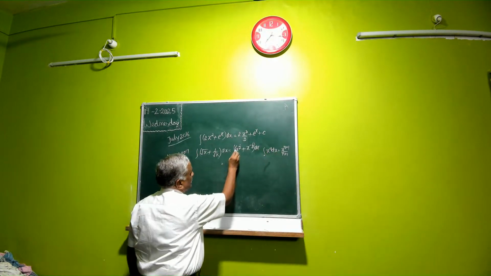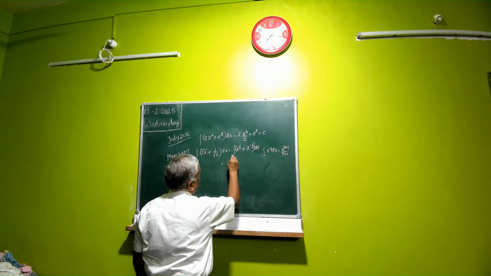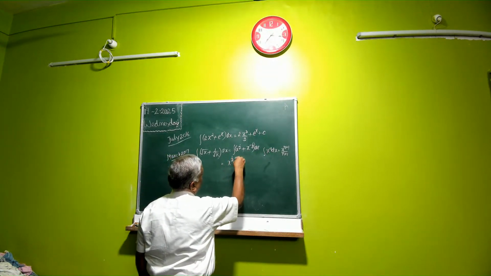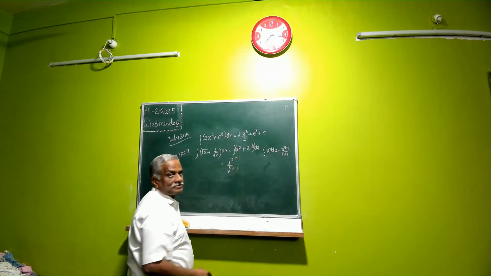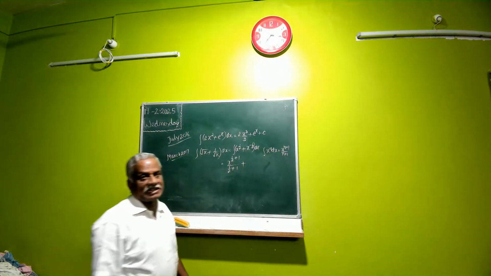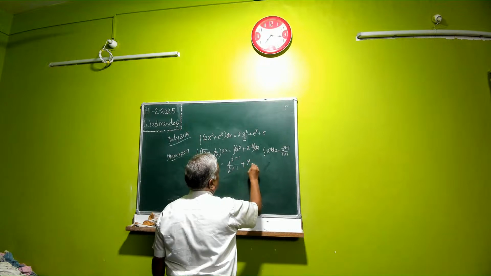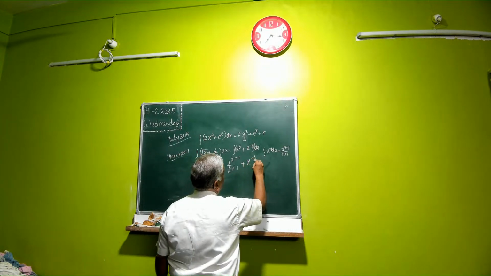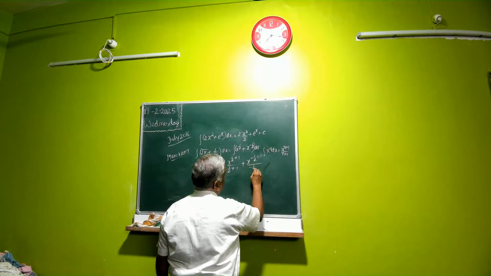What is n in the first case? It is half. So it is x to the power of half plus 1 divided by half plus 1, plus. What is n in the second case? Minus half. Same formula. X to the power of minus half plus 1 divided by minus half plus 1.